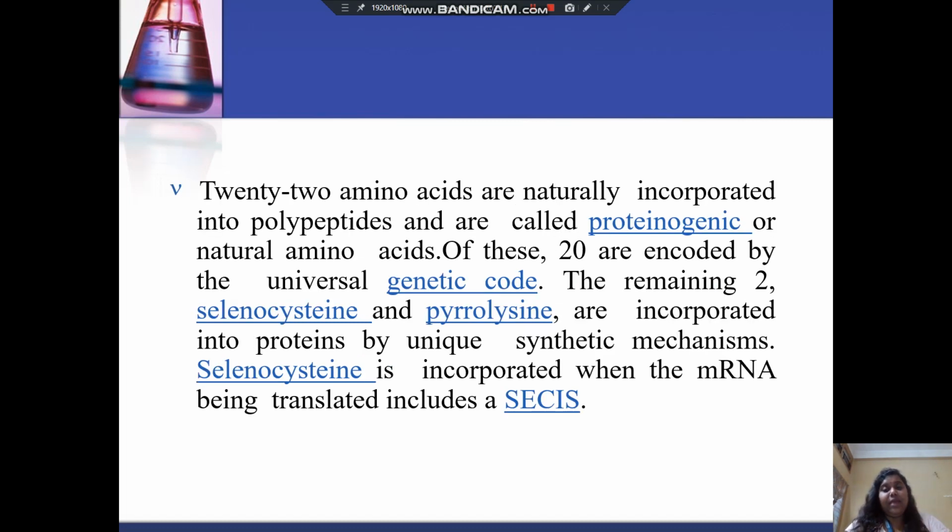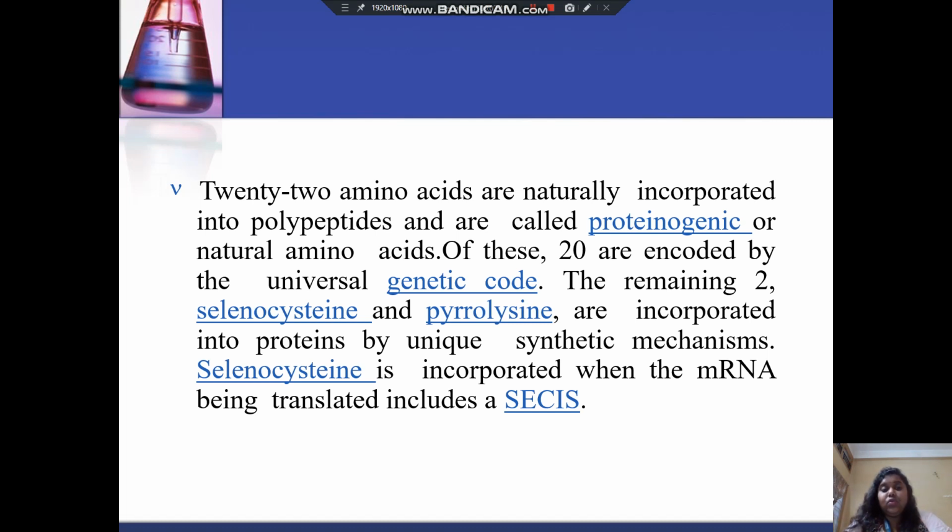There are 22 amino acids which are naturally incorporated into polypeptides, and they are called proteinogenic or natural amino acids. Out of those 22 amino acids, 20 are encoded by the universal genetic code.